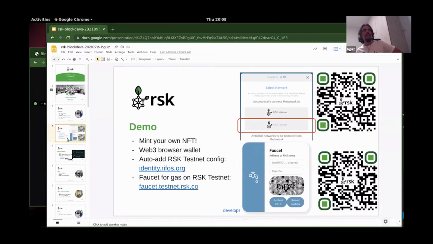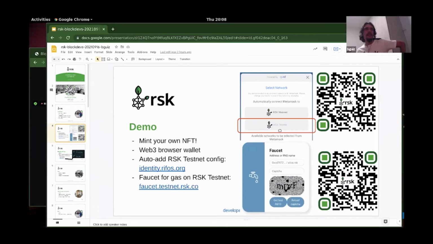Before we get started, for the demo, you will get a chance to mint your own NFT on the RSK testnet. If you want to do that, you will need a Web3 browser wallet, such as MetaMask. Then go to identity.reforce.org, and you get a dialog like this, and you can just click on RSK testnet. That will automatically configure it for you, which is great.